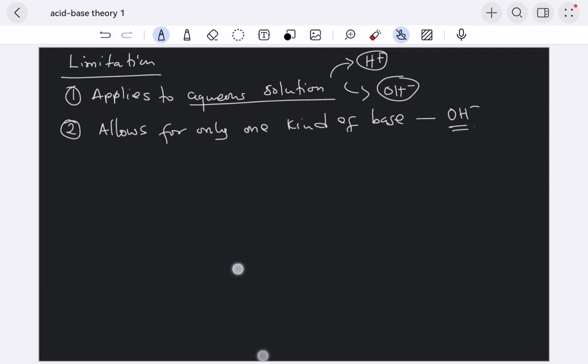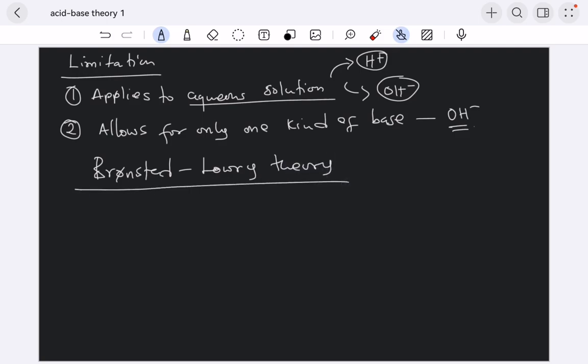Then we can introduce Bronsted-Lowry theory. So according to Bronsted-Lowry theory, we're going to look at how an acid is defined in comparison to a base.